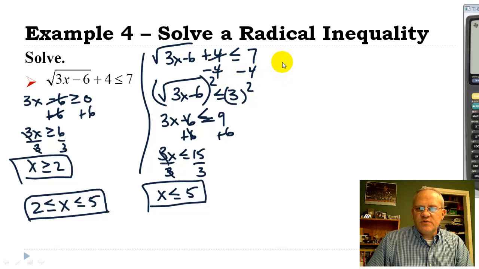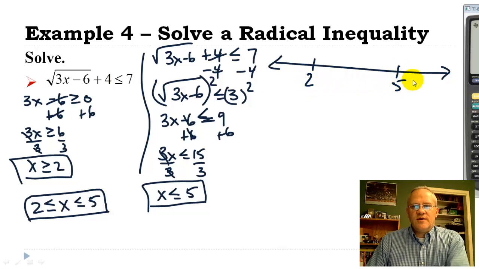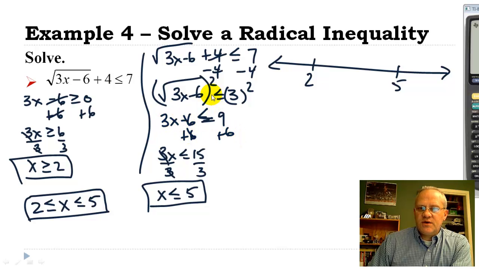So think of this as being on a number line here. Here's 2, here's 5. We're just going to check it to make sure that this is really okay. We're just going to pick a point in these several different places. We think the answers are going to be in here. Let's make sure.